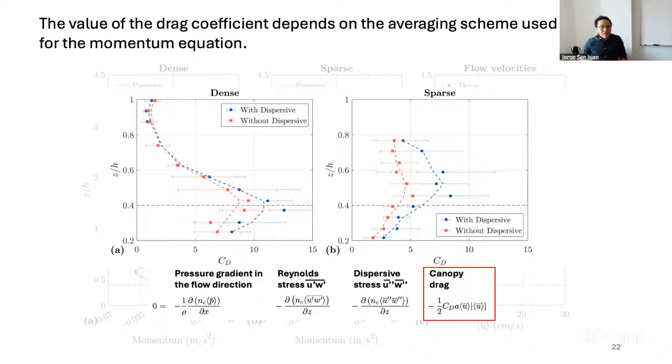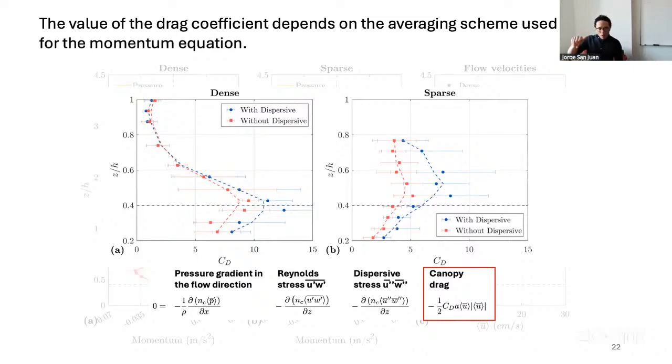So where the oysters are is the place where the velocity is the lowest. That small velocity squared in the lower part of the fraction is going to give you a very large number sometimes. Depending on how small the velocity is, this drag coefficient becomes very sensitive to that value of the velocity.